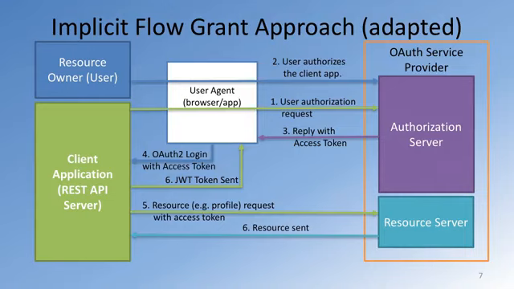And the authorization server will then allow the client application to access the resource server in order to obtain the profile information. And so the profile information will be sent back in step number 6 back to the client application. When the client application obtains the profile information for the user, it will create a new account for the user on its side if an account doesn't exist.